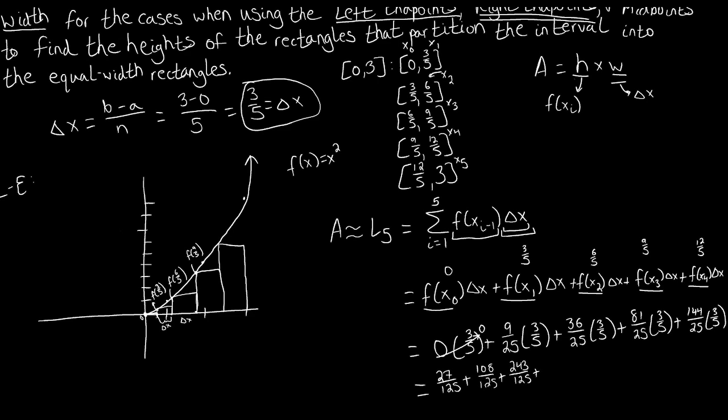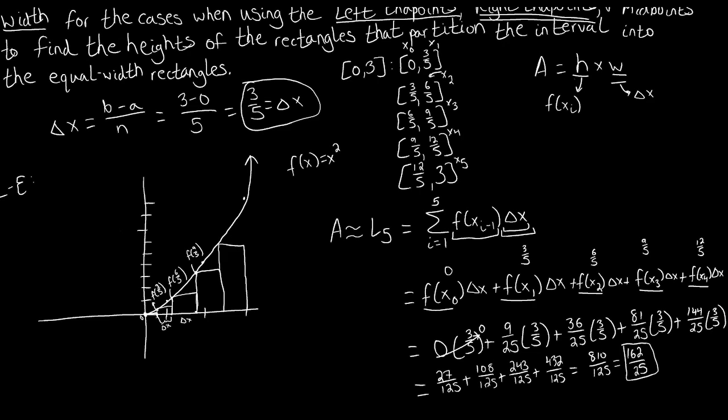And then we're going to have 144 times 3 gives us 432/125. Adding these all together, we get 810/125, which simplifies to 162/25.